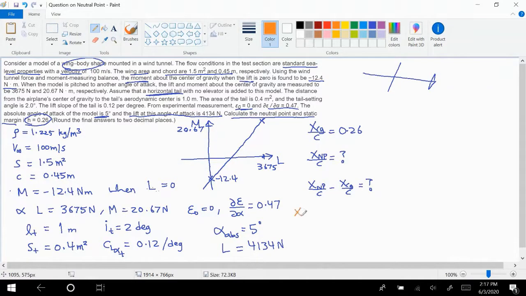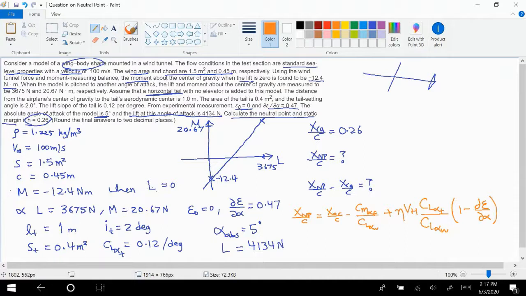The equation for neutral point that we just wrote is xac over c minus cm alpha f over cl alpha w plus the tail efficiency factor, tail volume ratio, cl alpha t divided by cl alpha w, times 1 minus d epsilon d alpha.